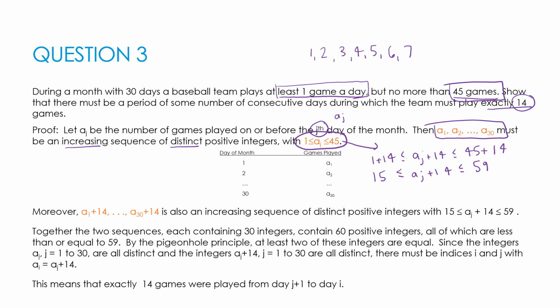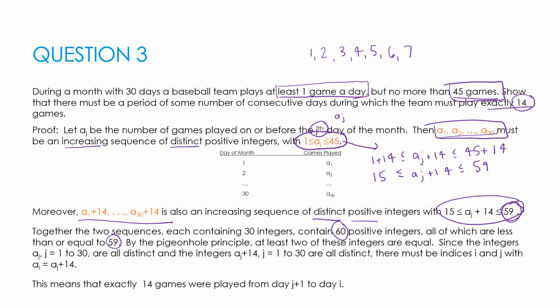Sure, because I just did a simple mathematical task. So if that's also increasing, and those are also distinct positive integers, together I've got 60 integers. I've got these, and I've got these, 60 total. But all of them are less than or equal to 59.